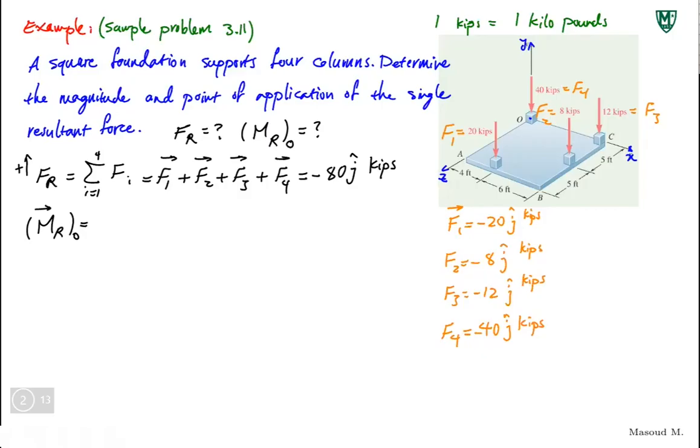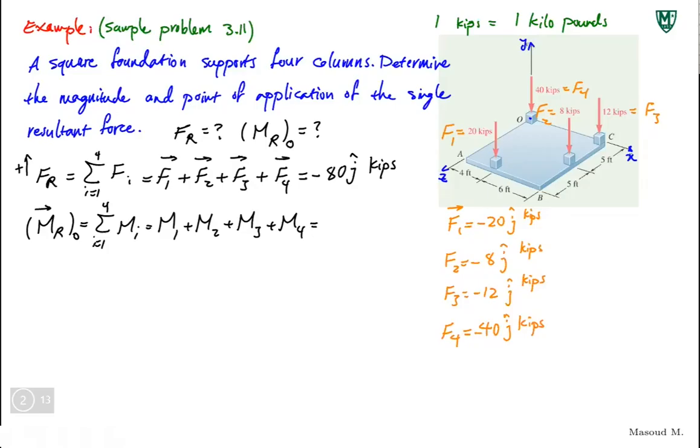So all we need to do is find the moments created by these forces about point O, from 1 to 4, which would be M1 plus M2 plus M3 plus M4. I have 4 forces, so I'm assuming each force is going to create a moment about O. Remember, I'm finding the equivalent system, so I'm moving all these forces to O, and every time I move a force out of its line of action, it creates a moment. And these are the moments that I'm trying to find.